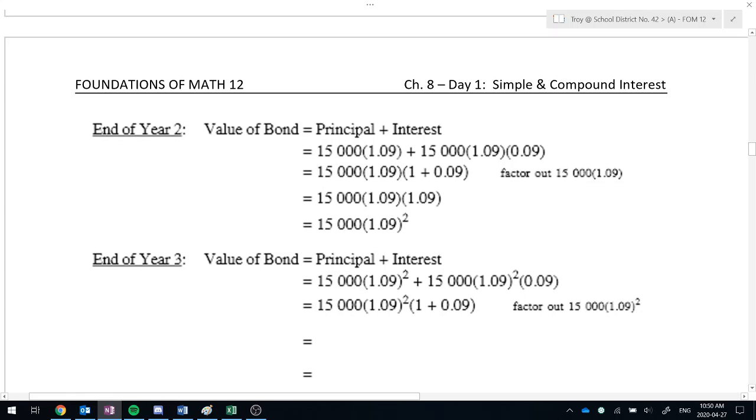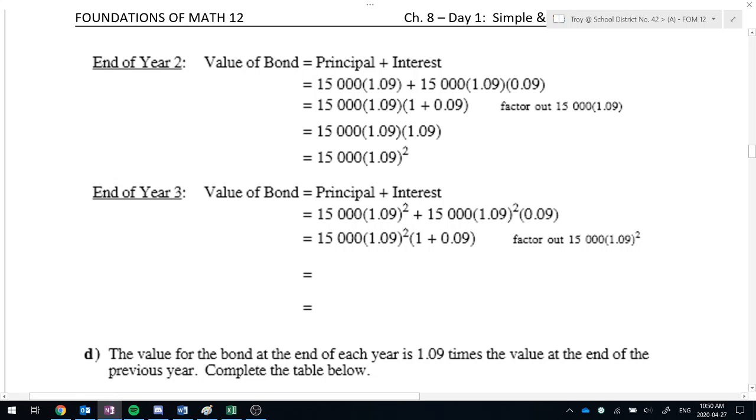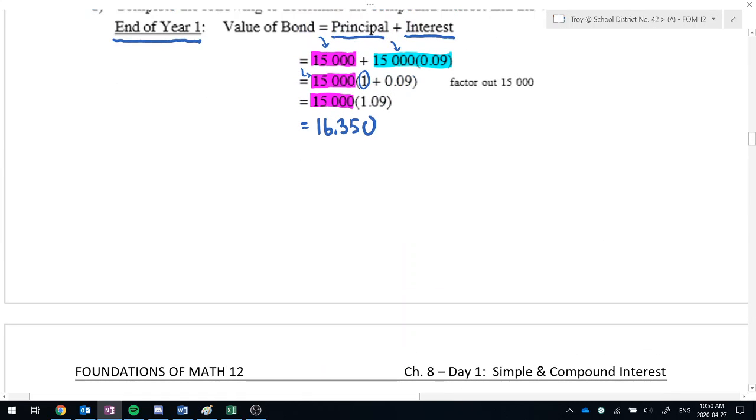So what we've done here now is a little different, the way this is set up. Here we've taken, this is our $16,350 right here. That's what we did up here, right? We ended up with 15,000 times 1.09.